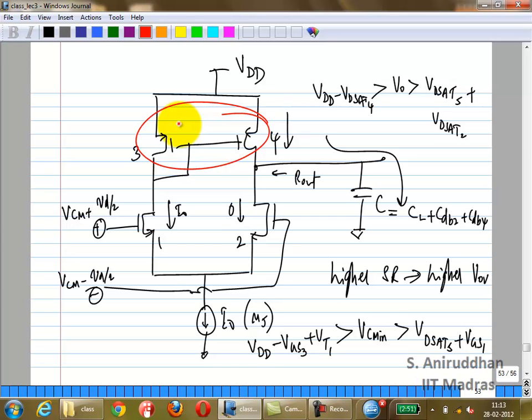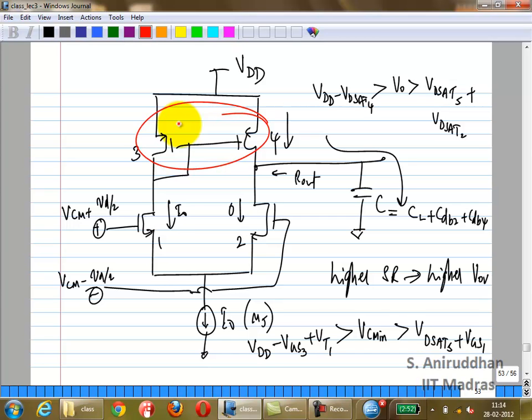Because for a starting point, let's assume that the two RDSs are equal. If you have a certain gain with a single stage, if you add a cascode only on one side, the gain just becomes double. Earlier it was RDS by 2. Now it just becomes RDS. So you just increase your output impedance by 2 and gain by 2.